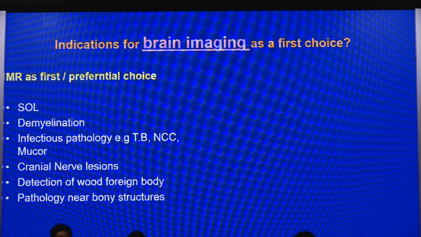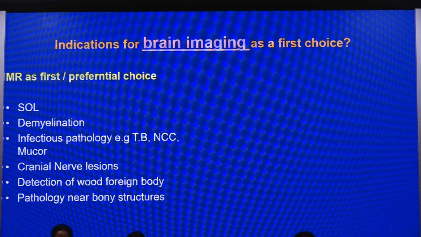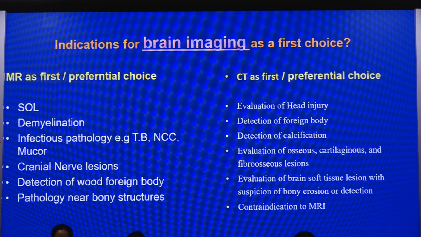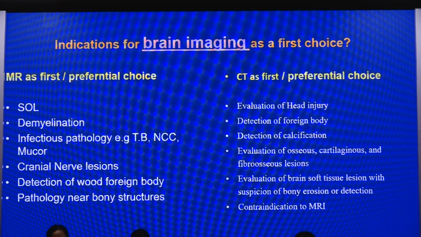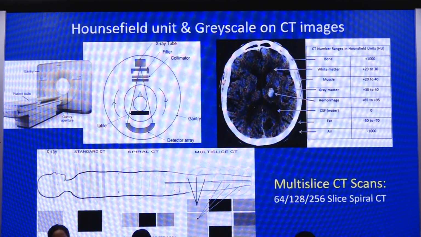Then the detection of a wooden foreign body, because that would be missed on CT scan also. And pathology nearby, as I showed you. For any head injury, you go for the CT scan, and all the others I have already illustrated.